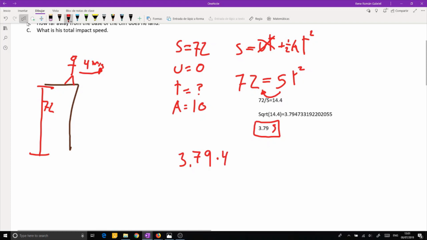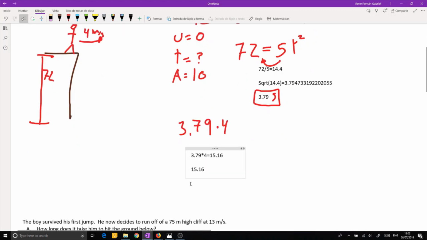So 15.16. That would be the distance away from the base. So basically, when he jumps out, that is how far away he lands. If he starts falling, he will land at 15.16.